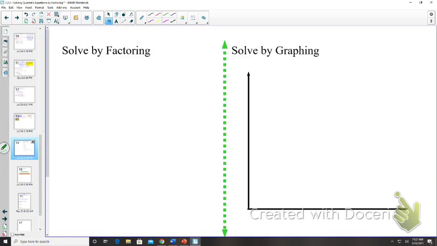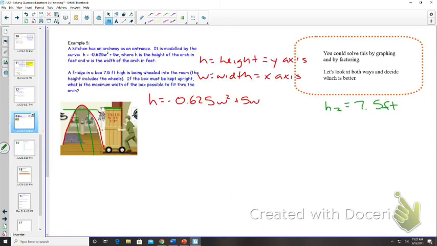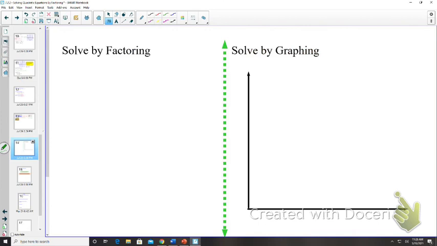Solving by factoring. We had h equal to negative 0.625w squared plus 5w, and h2 is 7.5 feet. To find if these are going to intersect, h is equal to our original function, negative 0.625w squared plus 5w, and the height we're concerned about is 7.5 feet.